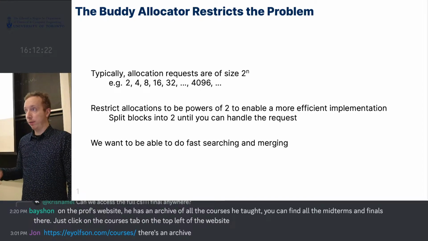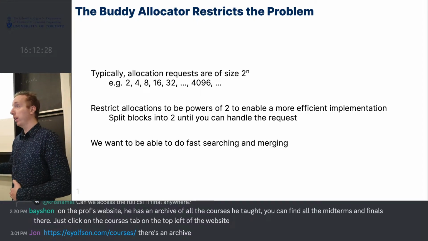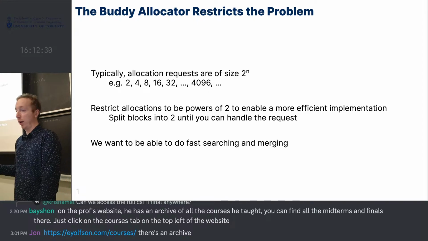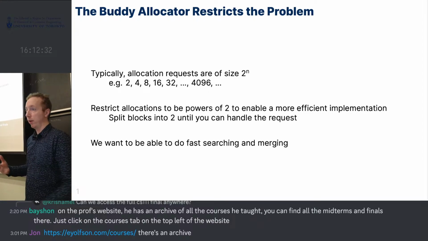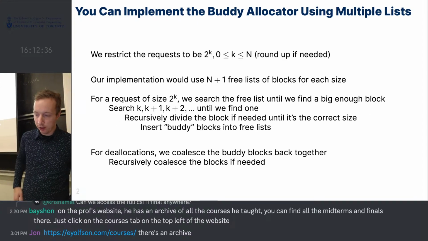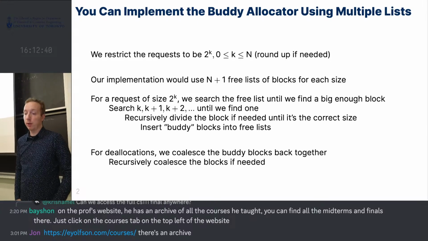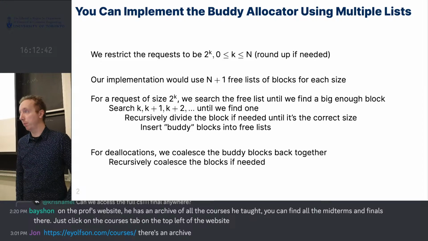And with most memory allocators, once you start implementing it, the problem becomes searching to find a free block of the right size, and merging is also difficult if you implement the most general strategy. So, because we restricted it to be powers of 2 only, your implementation for the buddy allocator can use multiple lists.